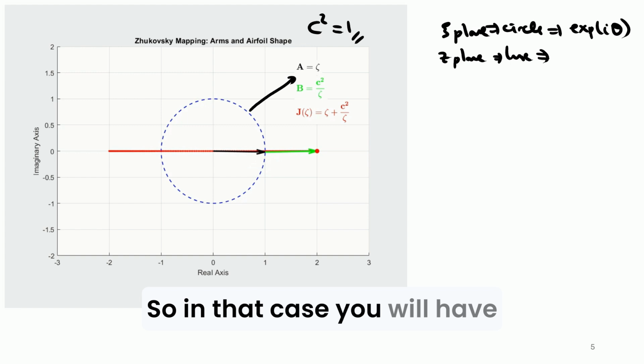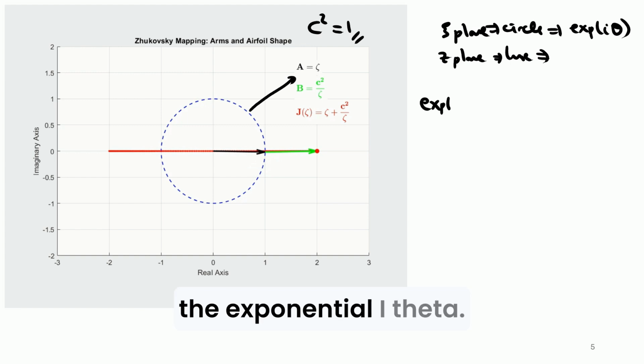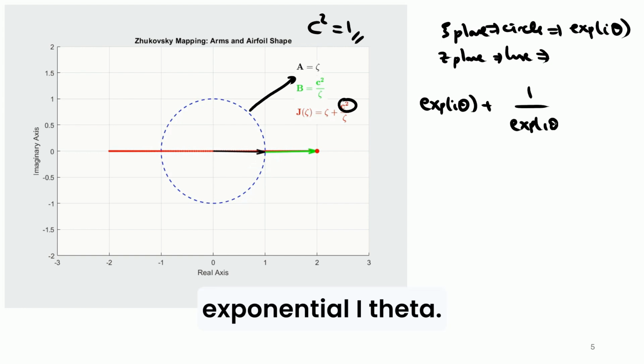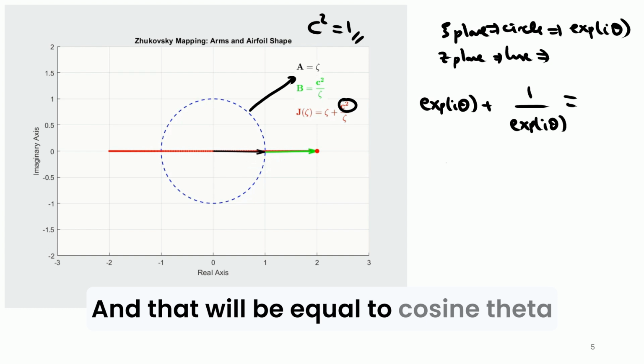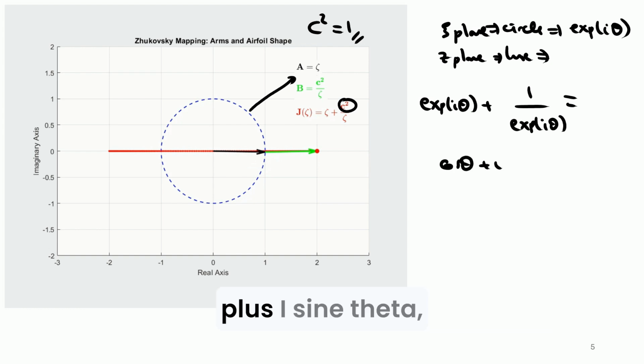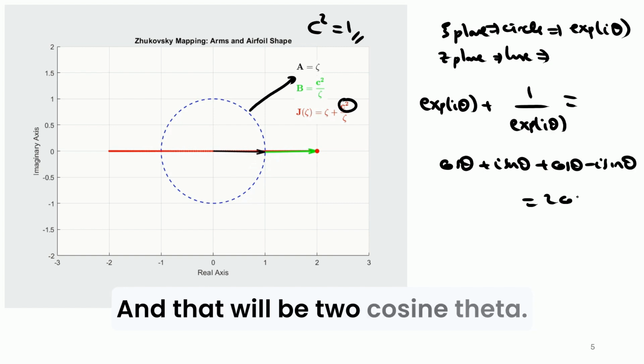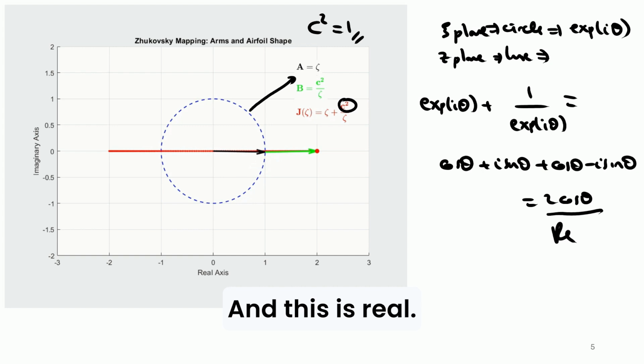So in that case, you will have the exponential i theta plus c squared over exponential i theta, which is 1 over exponential i theta, and that will be equal to cosine theta plus i sine theta plus cosine theta minus i sine theta, and that will be 2 cosine theta, and this is real.